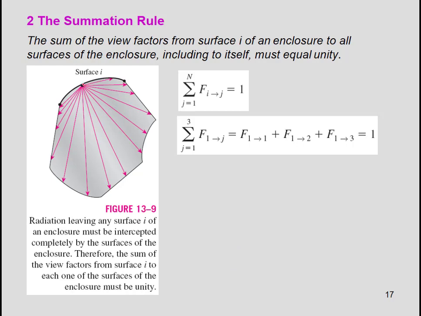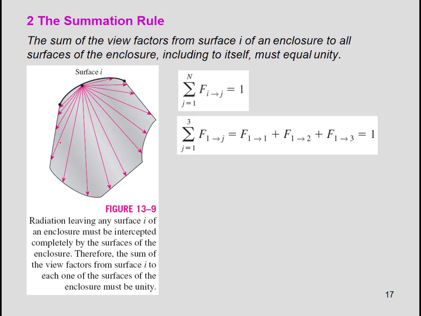Simply it means that when a surface of an enclosure is emitting radiation, it will strike all of the surfaces. As you can see here, this is an enclosure, but the total fraction of all of this radiation is 100% of the radiation. Some fraction of that will strike each one of the surfaces.